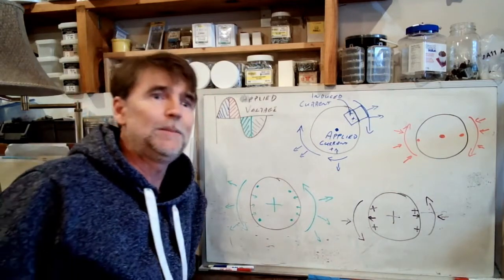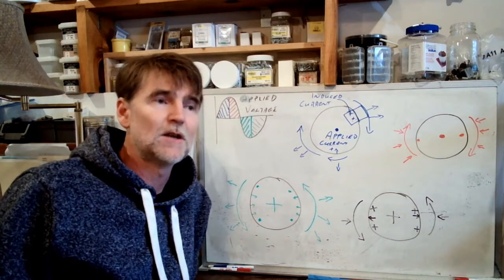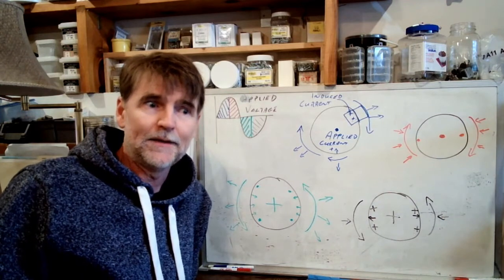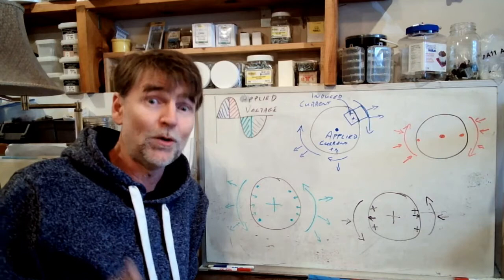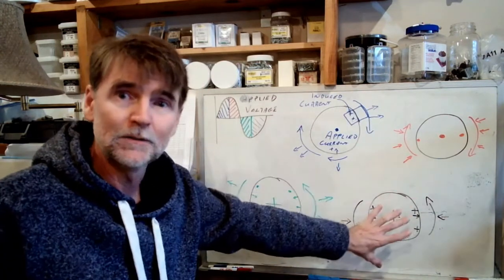This concept is a pretty big deal. Remember, one of the slides early on gave you a definition of inductance, and the definition was the ability for a coil to store energy in the form of a magnetic field. And this is it right here.